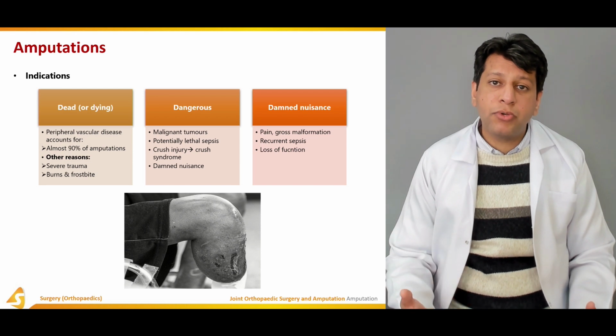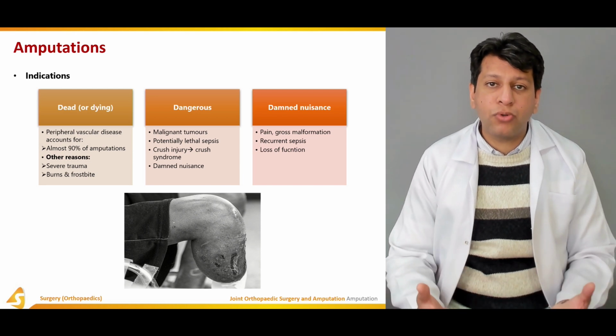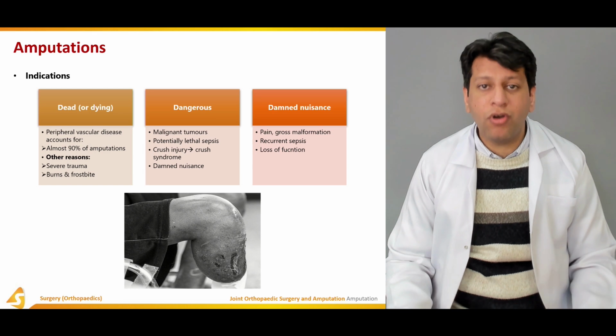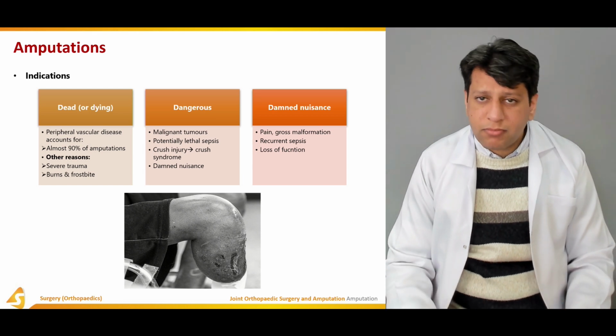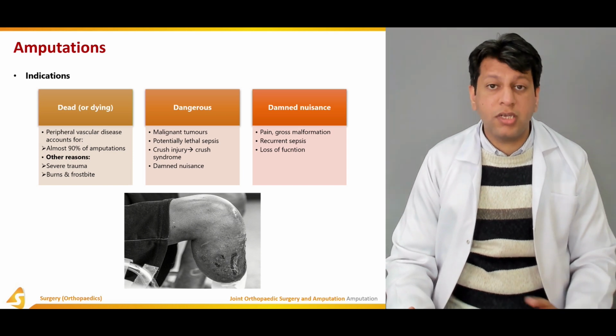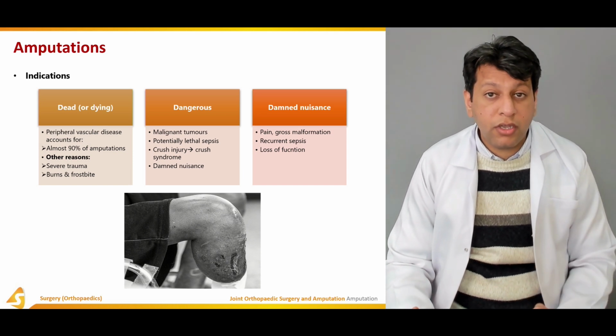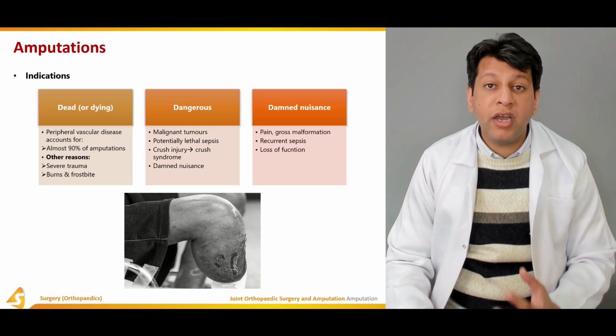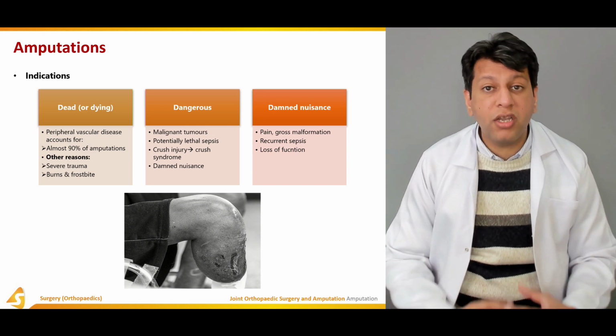Then it's better to amputate that limb and put the patient on a prosthesis so that he or she can properly walk. Or, for example, simple chronic osteomyelitis of tibia or femur can be a disaster as well. It can take years and years to correct, and sometimes even after 5 to 7 years, it's not completely curative.